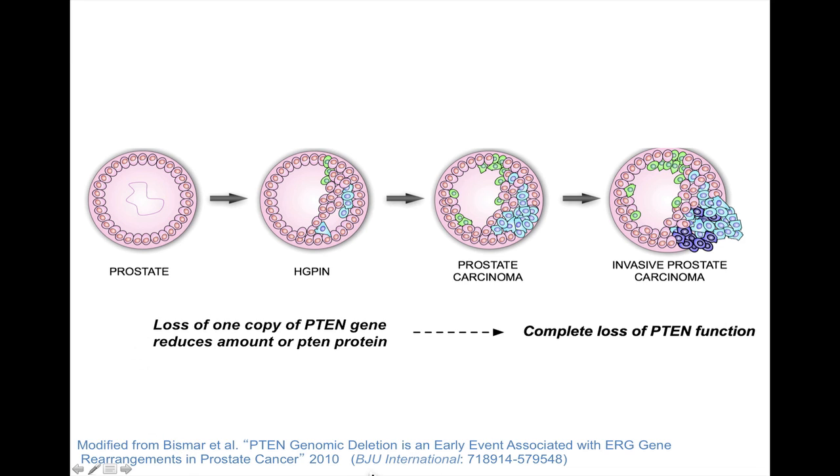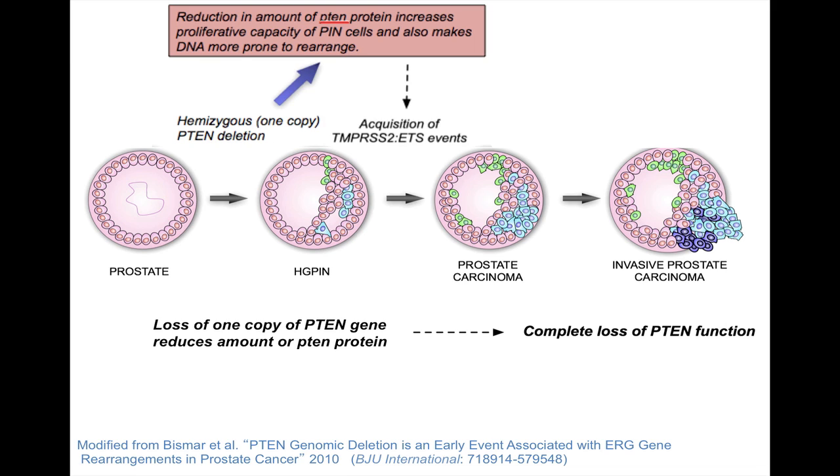So this is from one of our recent papers where we just try to put it all together as a sort of schematic. So we think that the single copy loss, the hemizygous deletion, is a fairly early event, and as I said in the first presentation in this series, we've observed that in PIN cells. We know that the function of PTEN protein can lead to proliferation and also instability.